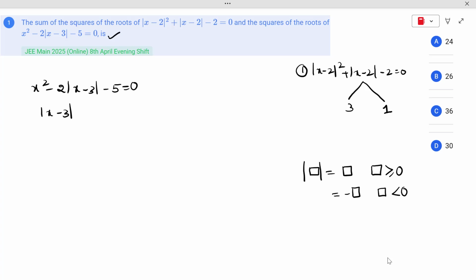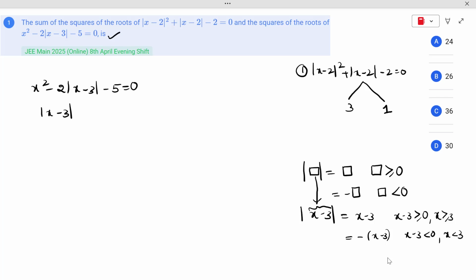So for |x - 3|, the quantity inside is x - 3. This will be +(x - 3) when x - 3 ≥ 0, that is x ≥ 3. And |x - 3| will be -(x - 3) when x - 3 < 0, that is x < 3.